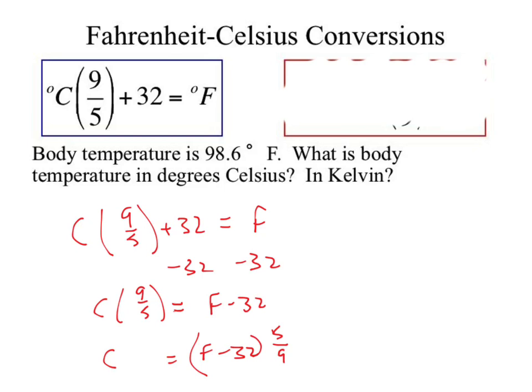Now that we have that equation, we can plug in. We'd get 98.6 minus 32 times 5/9, and you get 37. Okay, 37 degrees Celsius.